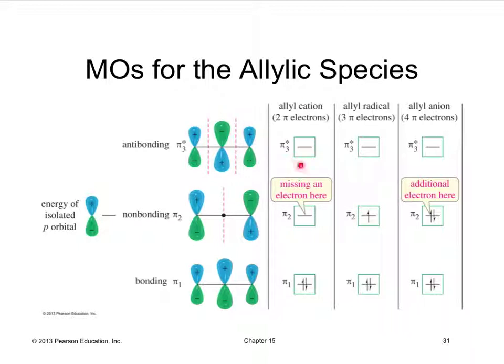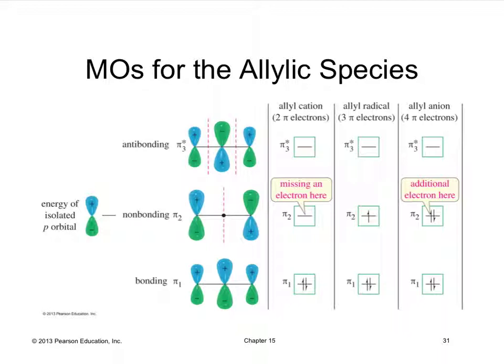The allyl radical is the neutral version, and in the allyl radical you have 3 electrons, right? So you have 2 electrons residing in the pi 1 bonding and 1 electron in the pi 2 non-bonding. In the case of the allyl cation, that electron is missing, so you have only 2 electrons in the bonding pi 1.